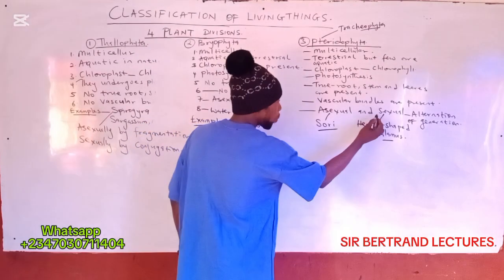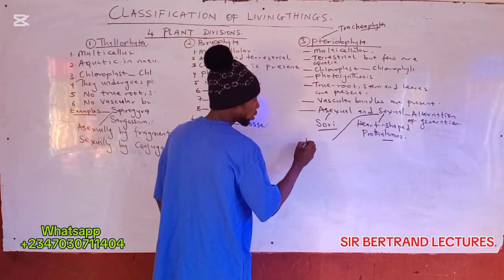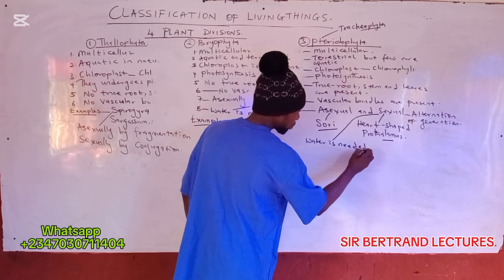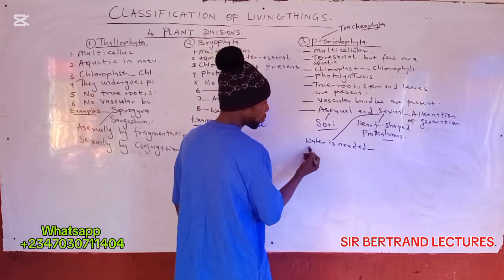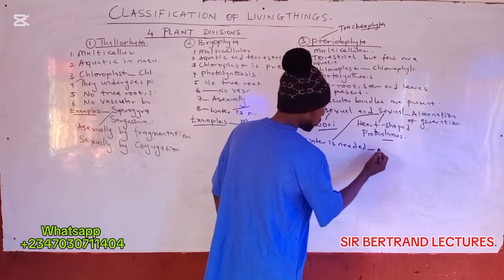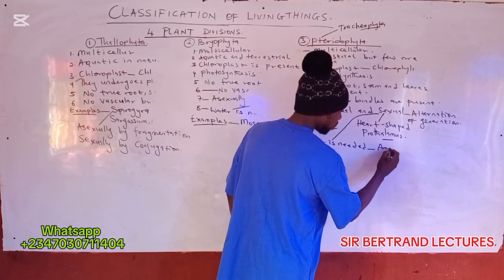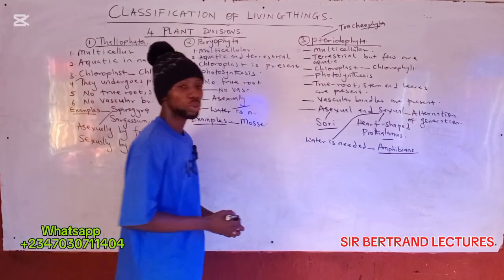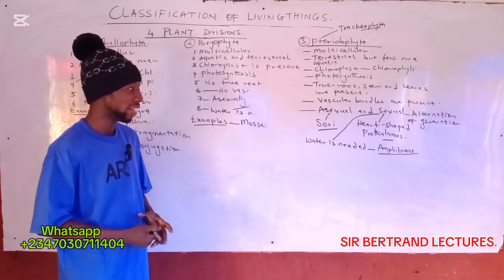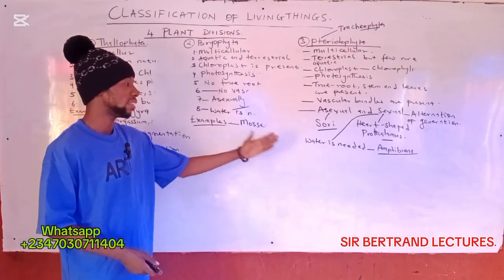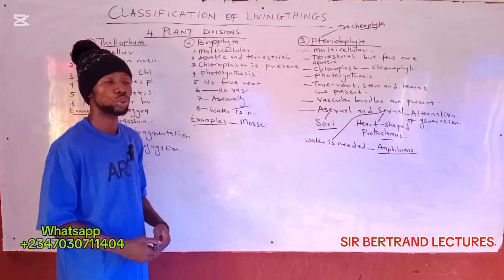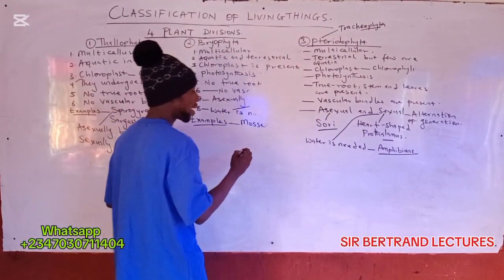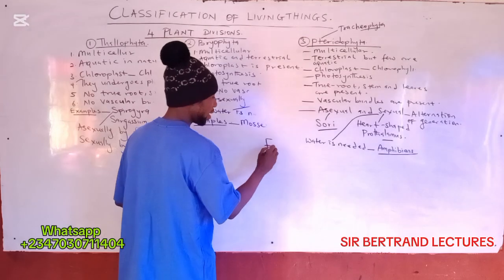And for this sexual reproduction to be possible, water is needed. And for that reason, they are said to be amphibians in plants. Water is needed for sexual reproduction to be possible. Now, what are the examples of pteridophytes? Examples are fern.